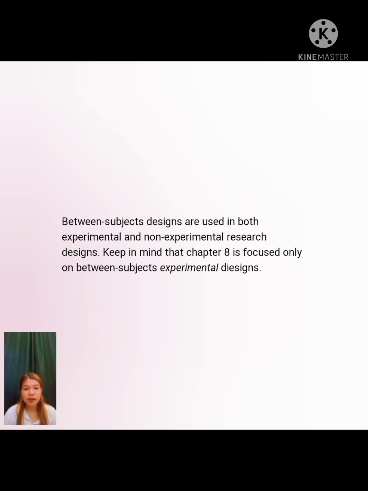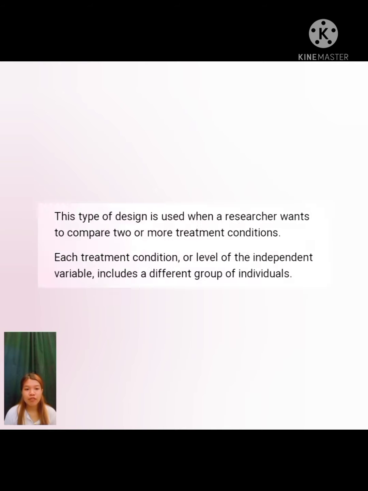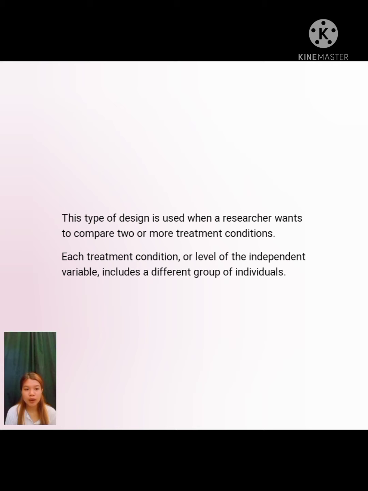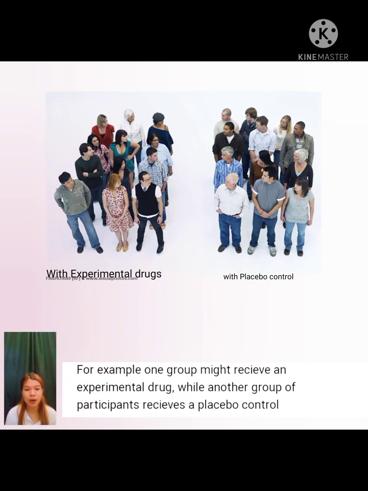Characteristic of between subject design. Between subject designs are used in both experimental and non-experimental research designs. This type of design is used when a researcher wants to compare two or more treatment conditions. Each treatment condition or level of the independent variable includes a different group of individuals.